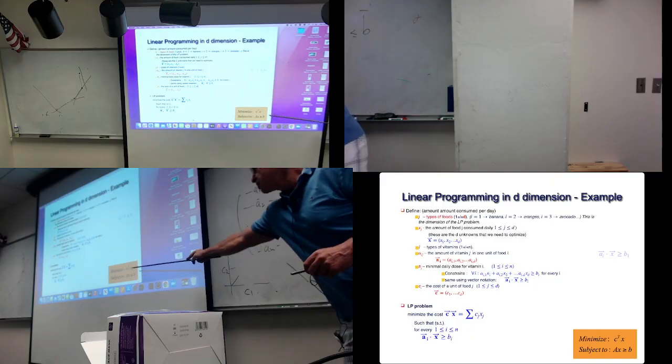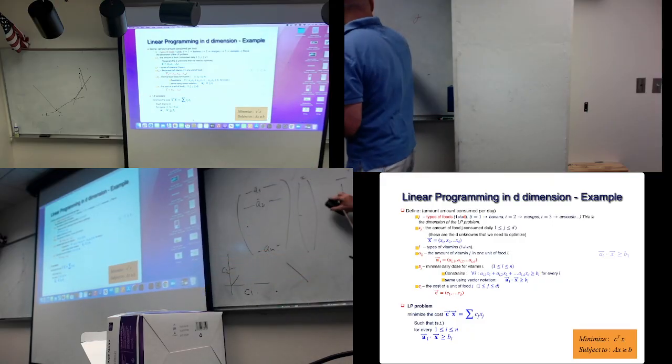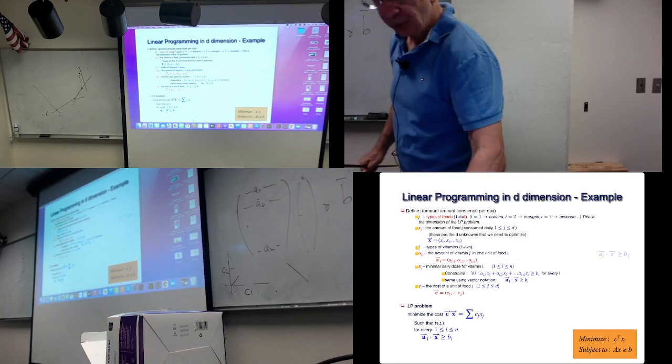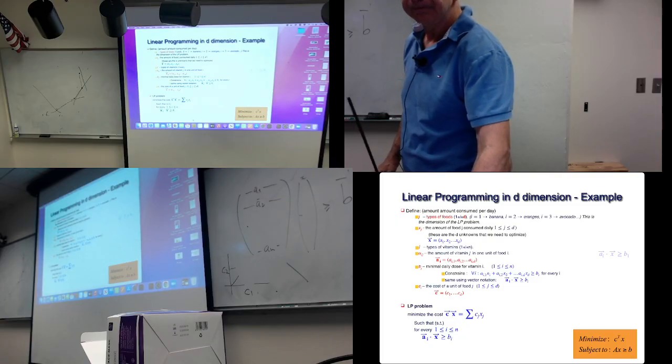Just a shorthand, an even shorter notation.